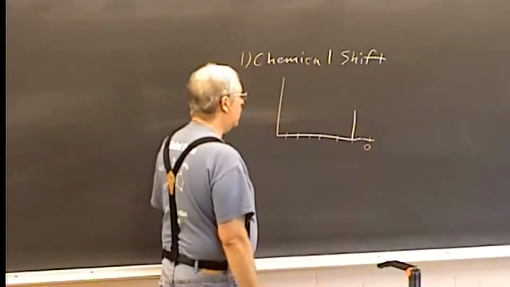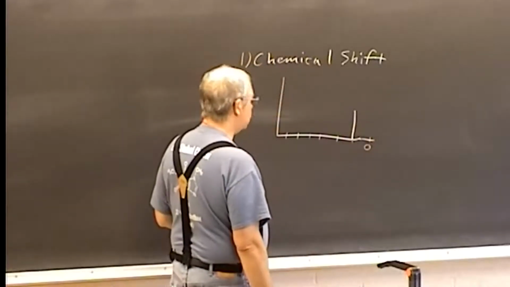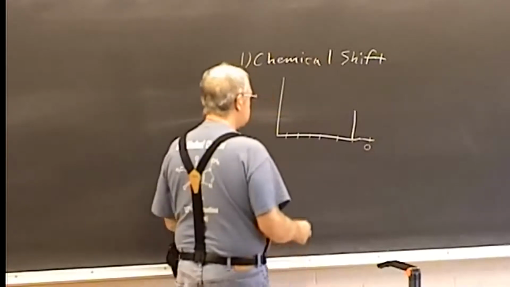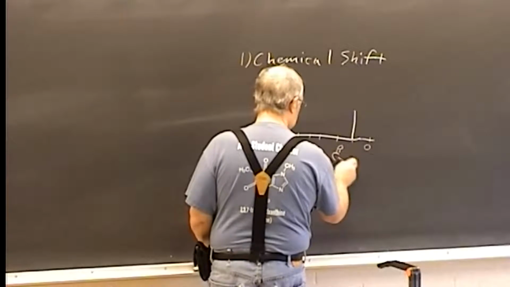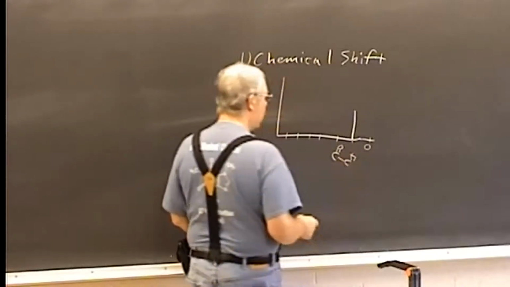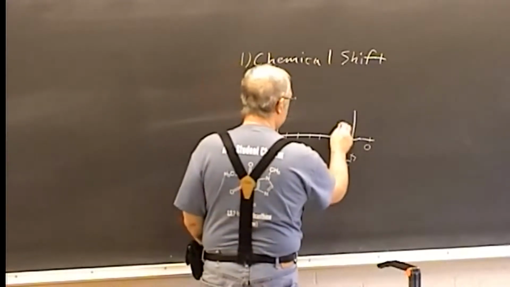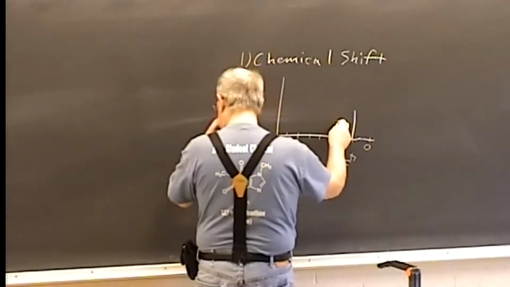alkane CH peaks will show up around 1. If we have protons on a carbon next to a carbonyl, they'll show up around 2 to 2.5.